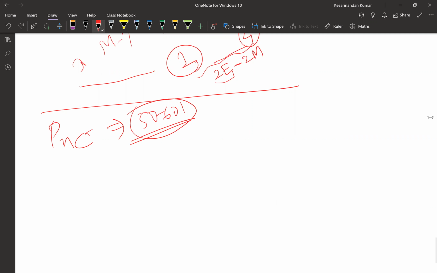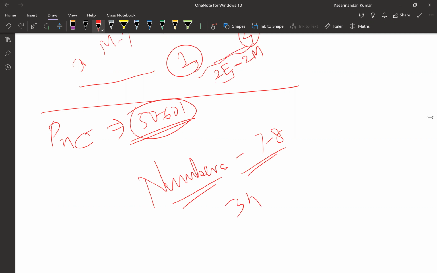The theory for PNC and probability is almost similar to numbers, but the reason I spent so much time on numbers is that you can have 7, or if it's the question paper's favorite part, 8 questions out of 34. That's almost 20 to 25%. And that's the reason I spent almost 4 lectures on numbers. We'll spend some time here, so don't worry.